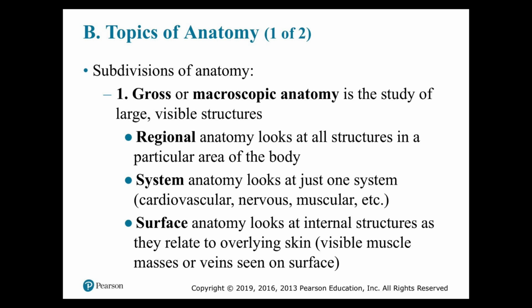Under this, we have several approaches, such as regional anatomy, which looks at all structures in a particular area of the body, for example, the head, neck, or trunk region. System anatomy looks at just one system, such as the cardiovascular system, nervous system, or skeletal system. And surface anatomy is the study of general form and superficial markings.